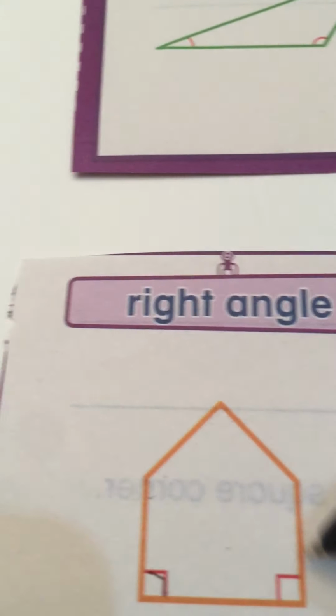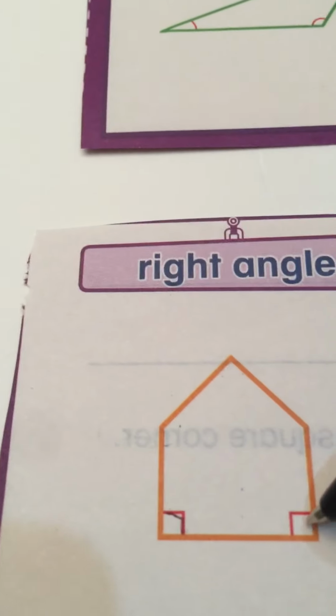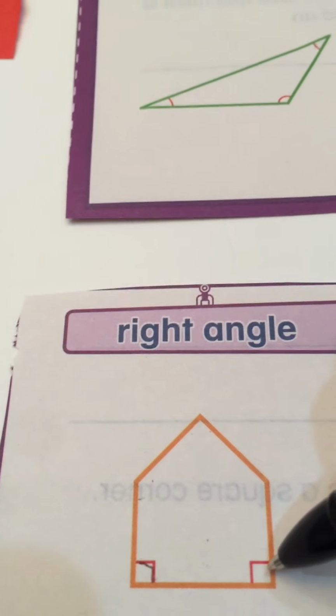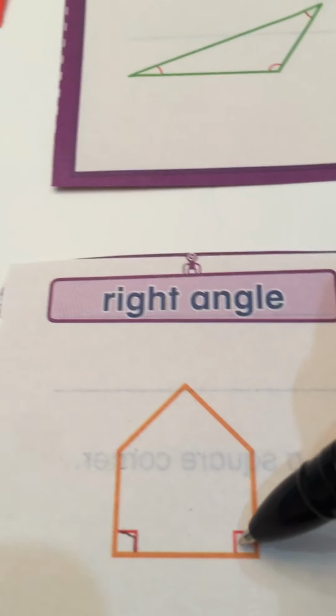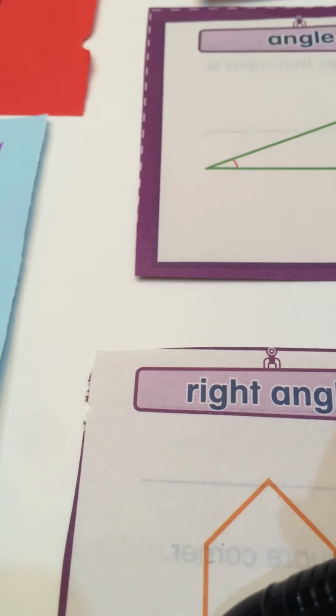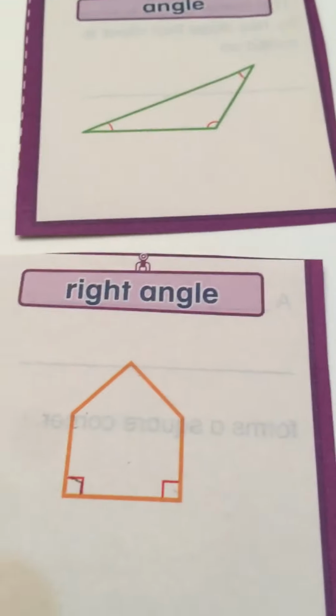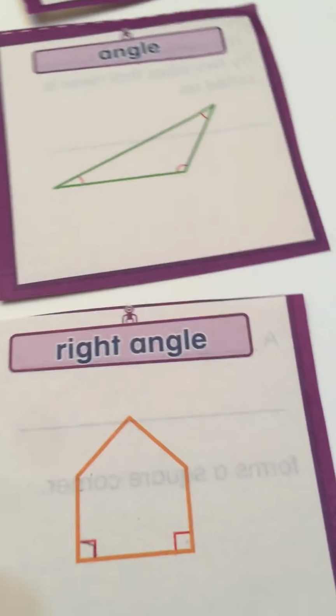When we can make a square shape, this is called a right angle, and it has 90 degrees. We will learn that later. When two sides meet together making a square corner, we can call this a right angle.